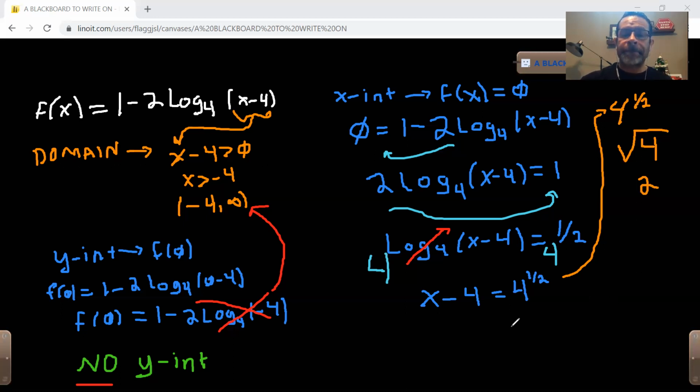And so we're going to have x minus 4 equals 2, and this is going to give us x equals 2 plus 4. And lastly, the x-intercept is going to be at x equals 6.